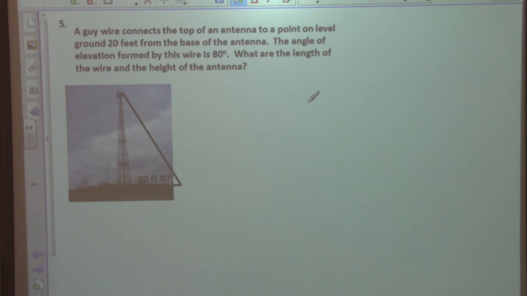I noticed that we're solving for 2. So which one do we do? That's up to you, just tell me which one. The opposite side. I can do both. Okay, that's fine. So to find the opposite side, tangent of 80 degrees is equal to opposite, which is x, over 20.